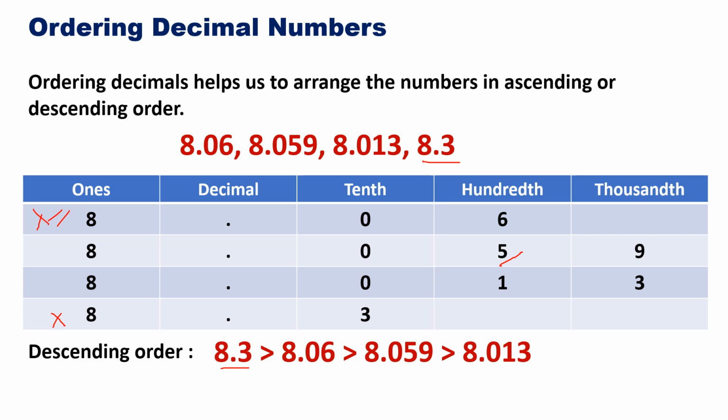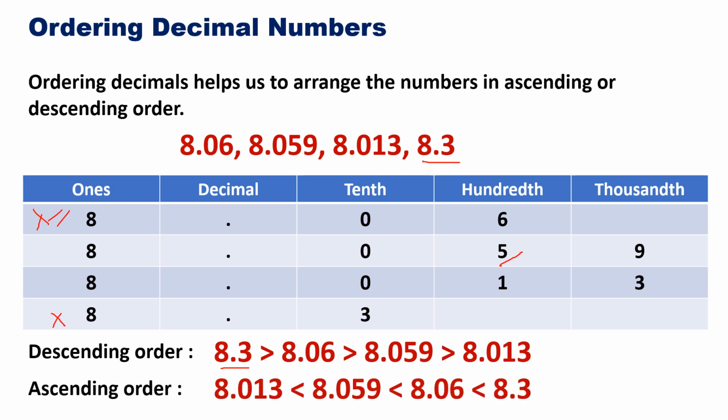It is greater than 8.06, then 8.059 and 8.013. So this is descending order, meaning greater number to smaller number. And in ascending order, this is just opposite, that is 8.013 is smaller than 8.059, is smaller than 8.06 and is smaller than 8.3. So for ascending and descending order, we have to compare each and every digit of the given numbers.